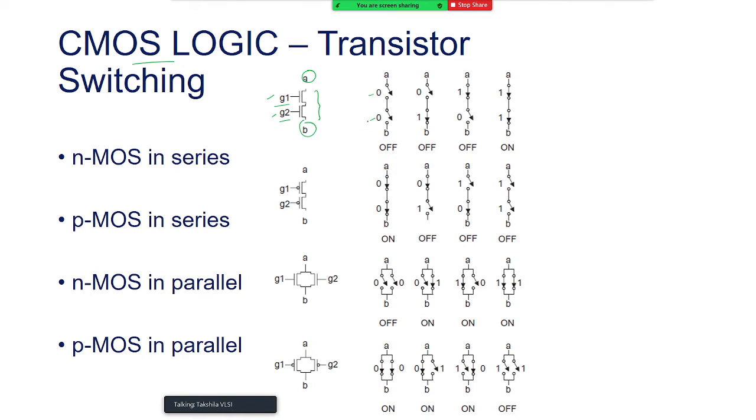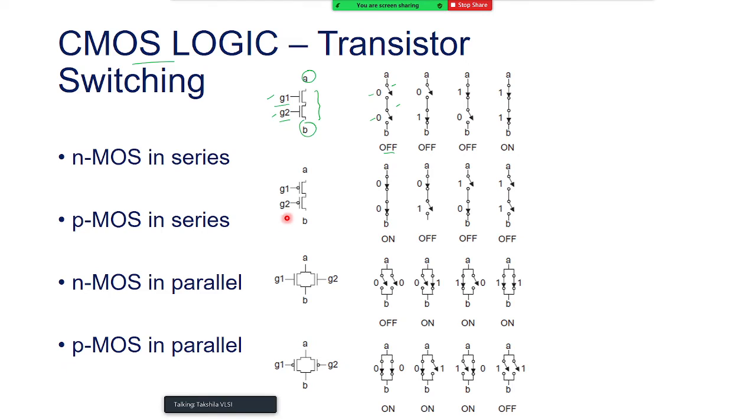With logic 0 NMOS are off, we know that. So both switches are off. Same you would see now, if gate G1 is 0 and G2 is 1, the bottom switch is shown to be connected and the top switch is off, and you can see other combinations, when both gates are at logic 1 and so on.